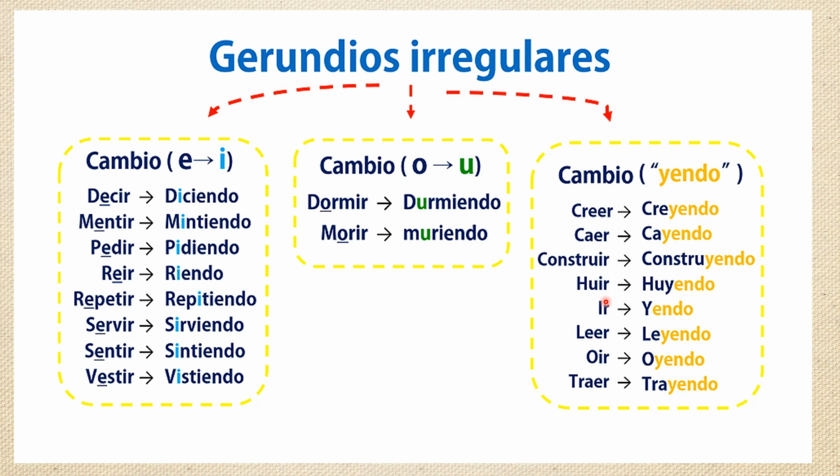Huir becomes huyendo. Ir, yendo. Leer, leyendo. Oír, oyendo. Traer, trayendo. So these are some of the irregular verbs of gerundio.